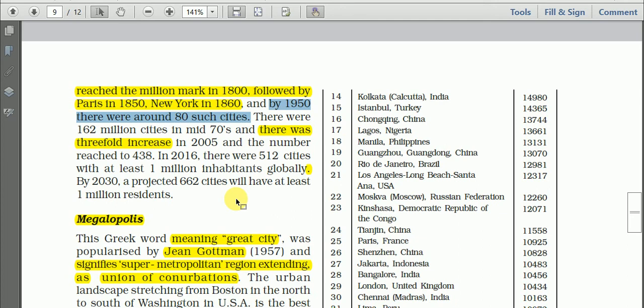By 1950 there were around 80 million cities in the world.